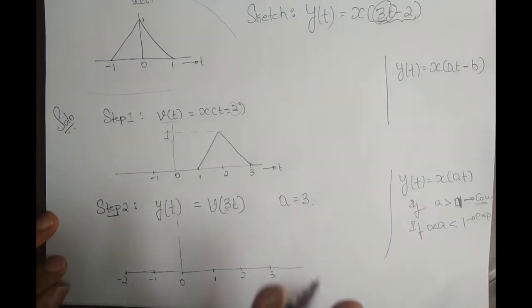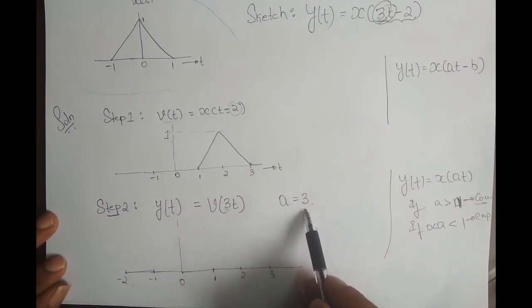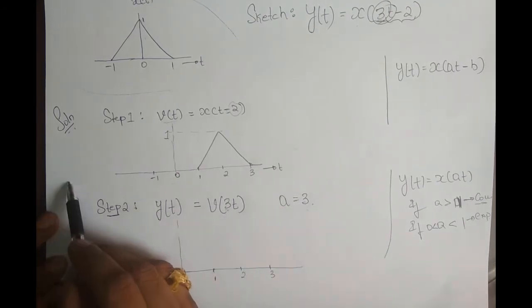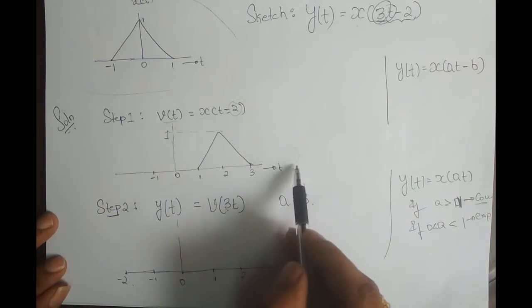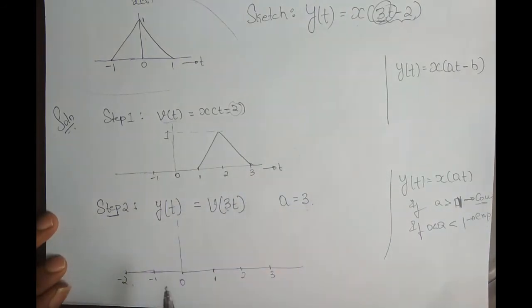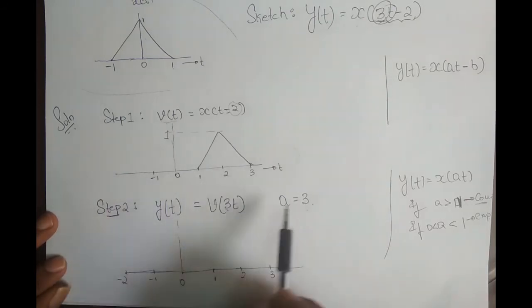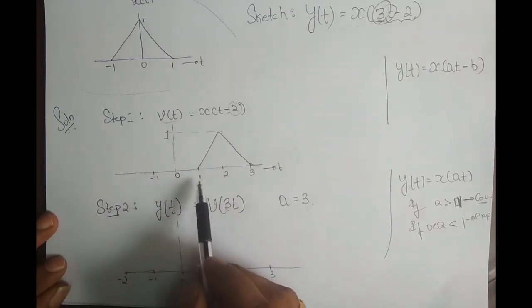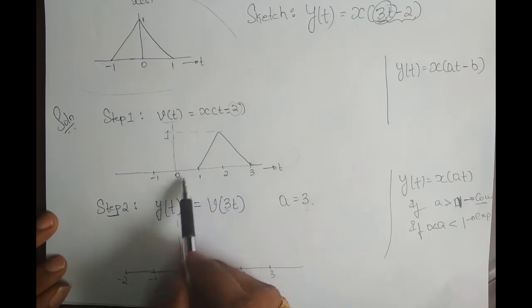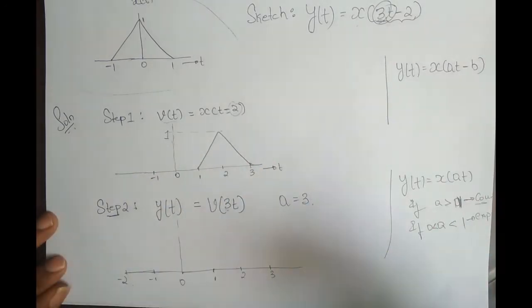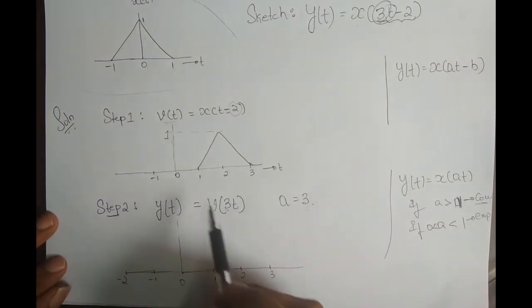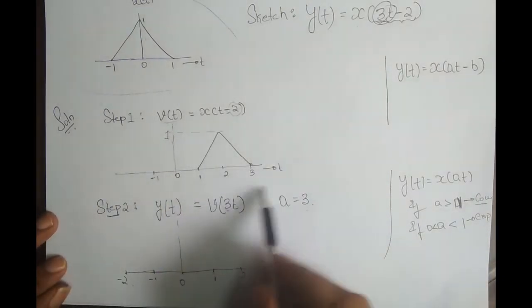This is what we discussed on the time scaling operation. You take the inverse of a, and that value has to be multiplied everywhere for the independent variable. This makes sense between 1 and 3, because for other values of t the signal is completely 0, so it does not matter. I have to concentrate from 1 to 3.